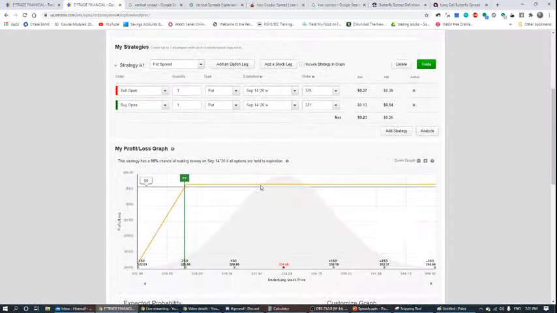Yeah, so Black Mamba, if it's bearish or bullish, you want to go the opposite way. You always want to give yourself some breathing room for the stock. So if you're bearish in the market, you want to switch to the calls.